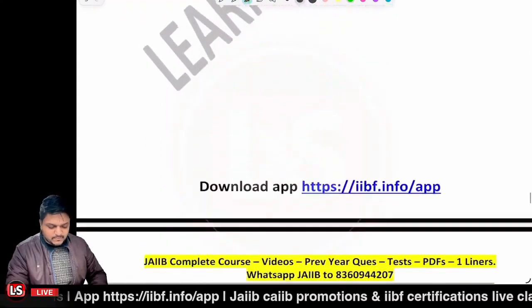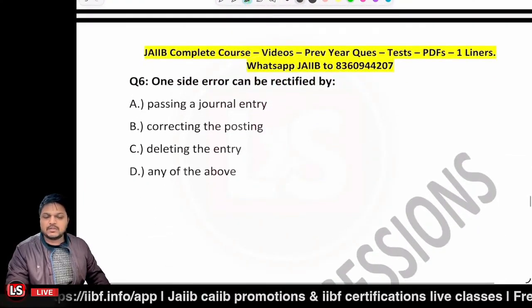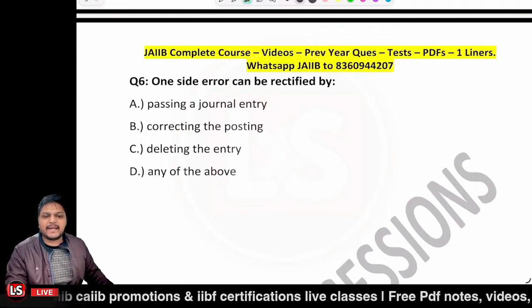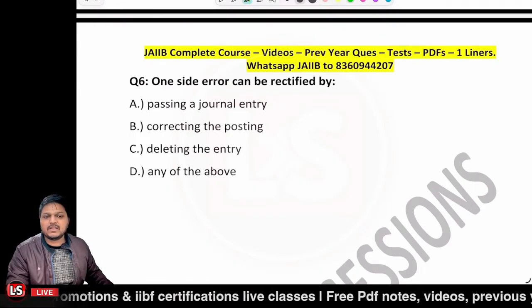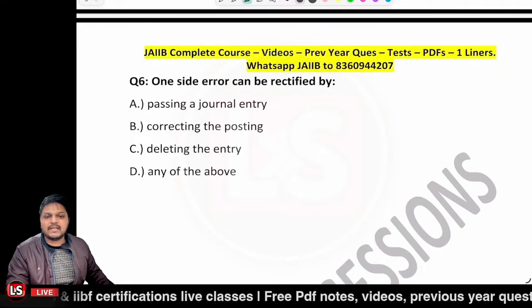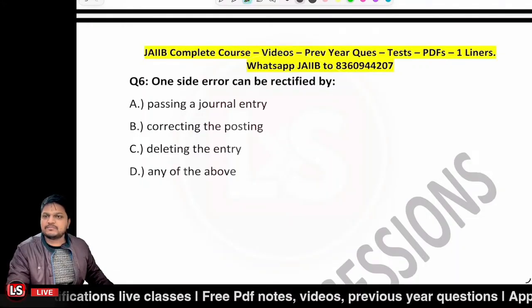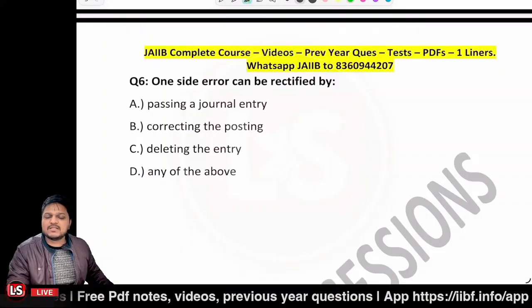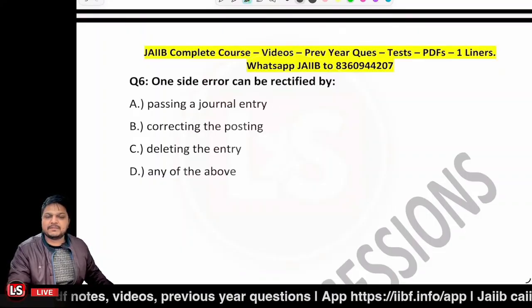Now, let's move to the next question. It says one side error can be rectified by passing a journal entry, correcting the posting, deleting the entry, any of the above. How can the one side error be rectified?